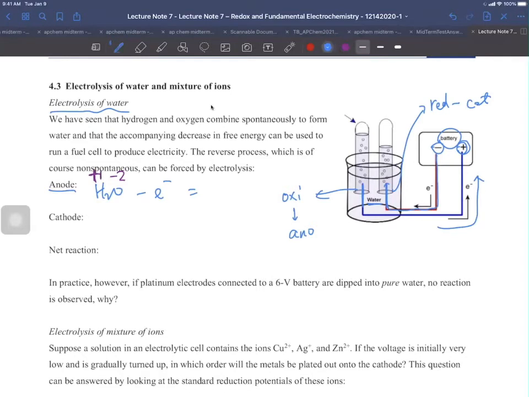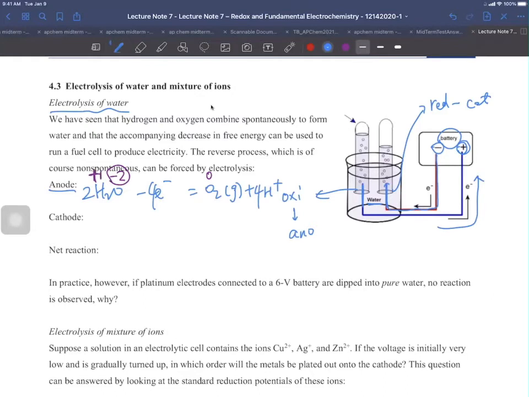So O2 will be produced. And then the H+ will remain. So if we balance the reaction, it will be like this. It will lose 4 electrons because there are 2 oxygens. Each of them changes from -2 to 0, which means it loses 2 electrons each, right?